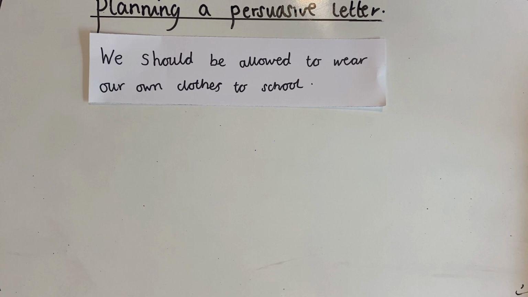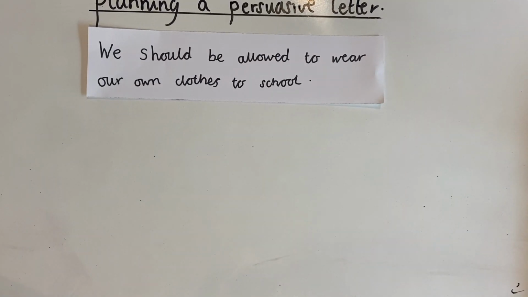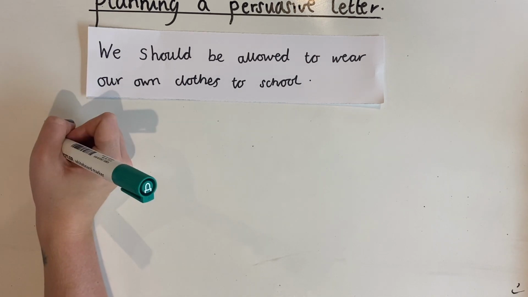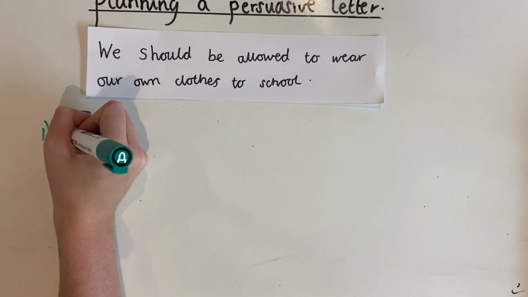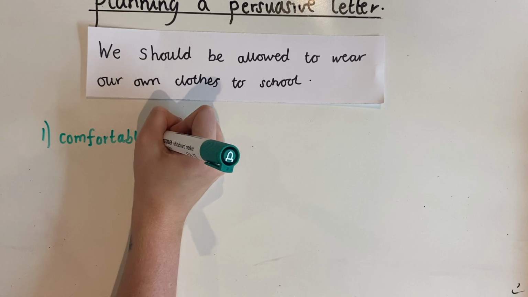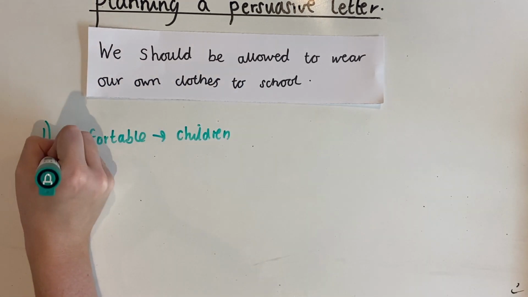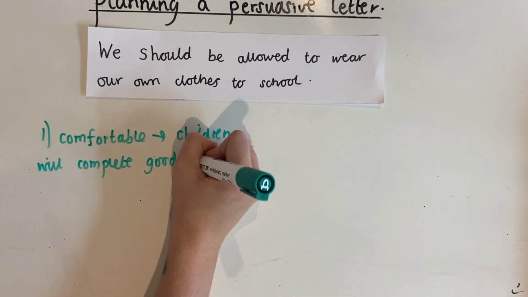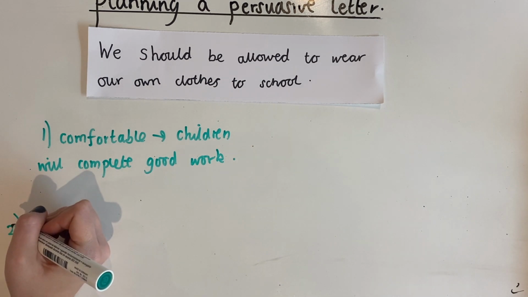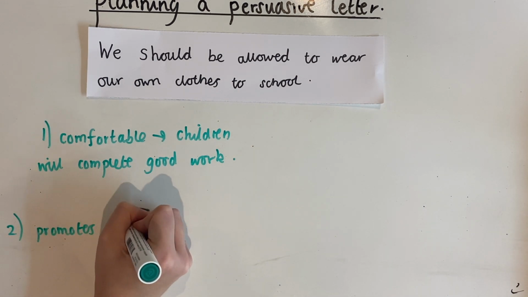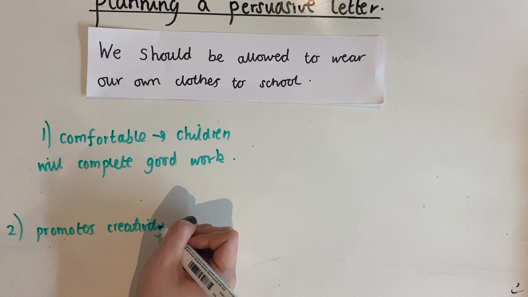So what I'm going to do first to make it easier for myself is I'm going to plan my two main points on why I think we should be allowed to wear our own clothes to school. So my first point is going to be that it's comfortable. And my second point is going to be that it promotes creativity.